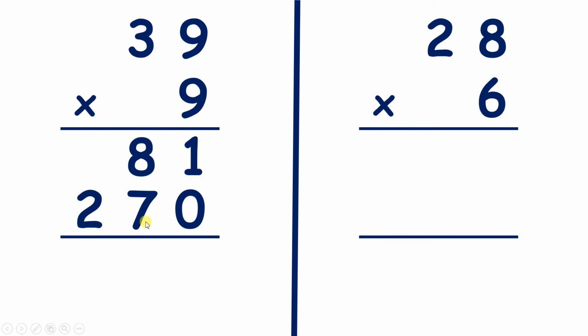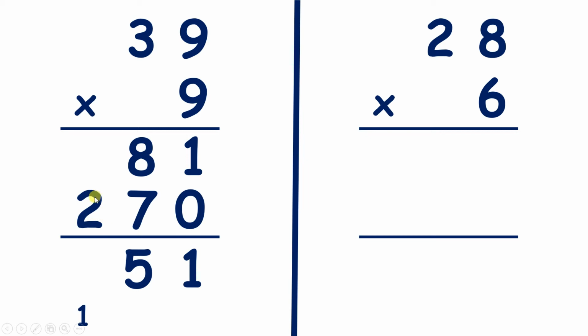So we've lined up our place values, so we can use column addition to find our answer. 1 plus 0 is 1. 8 plus 7 is 15, so we can write a 1 underneath our next place value column along, so under our hundreds column, and then we can write 5 in our tens column.